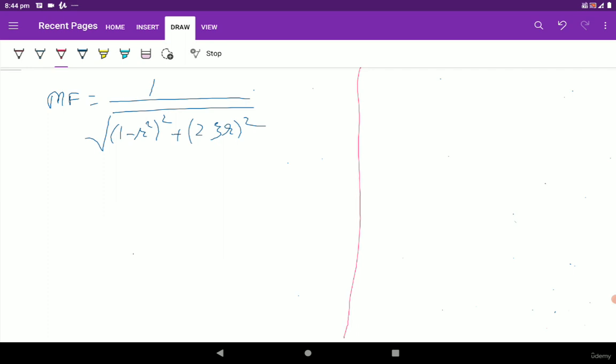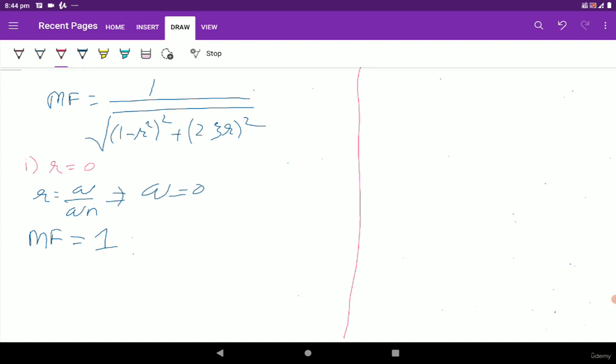If r is equal to 0, where r is equal to omega by omega n, we can infer that omega is equal to 0. Then the magnification factor is equal to 1.